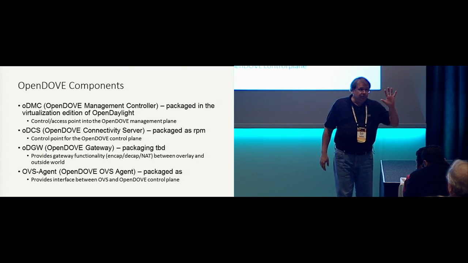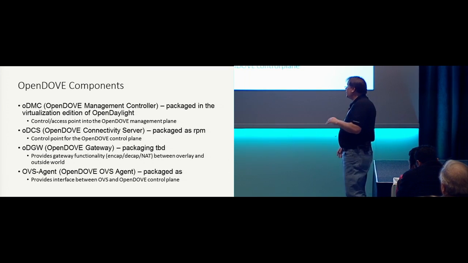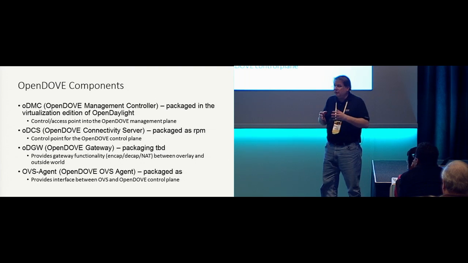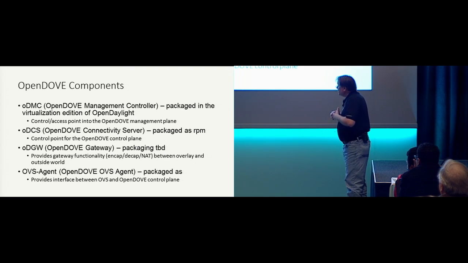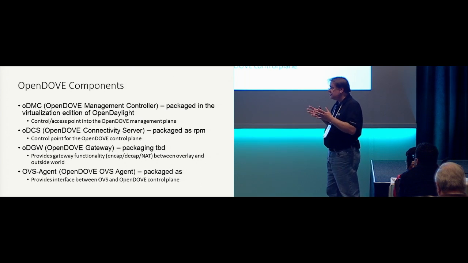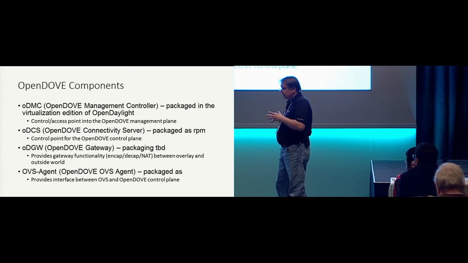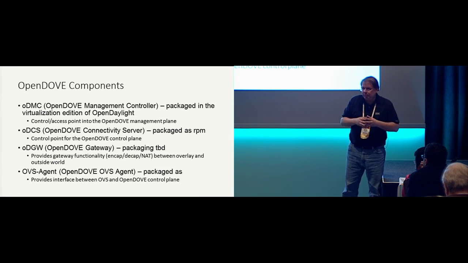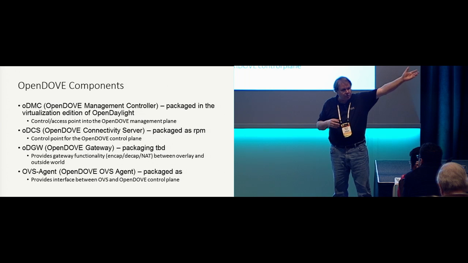OpenDOVE consists of 5 major components. The ODMC, the DOVE Management Controller, is currently packaged in the Virtualization Edition. It provides both the access point and the control point for the management plane. You've probably heard about data planes and control planes.